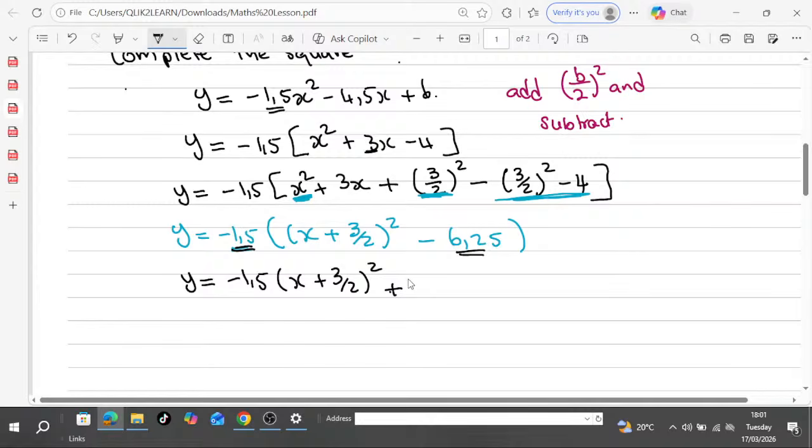So negative 1.5 times negative 6.25 gives us positive 9.38. So we've managed to write this in the form of a into x plus p squared plus q.